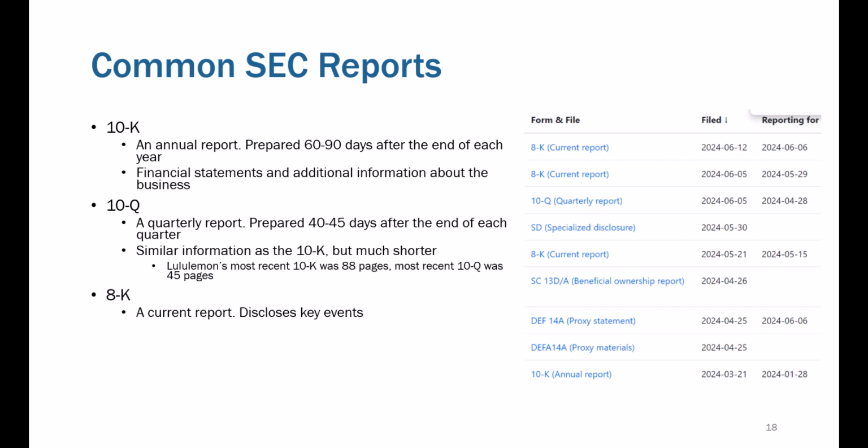8K current reports, companies can have a lot of those. It discloses key events. If Lulu elected a new CEO, if it had a major problem or something like that it wanted to disclose, it could do that in a current report as well. We oftentimes will refer to this as the DEF 14A.